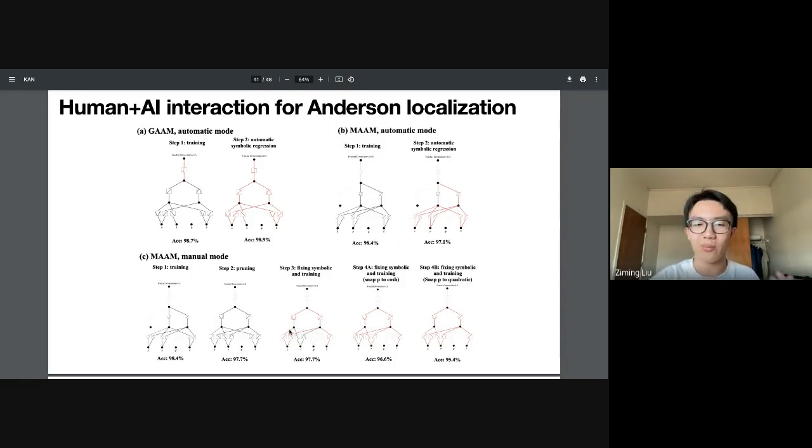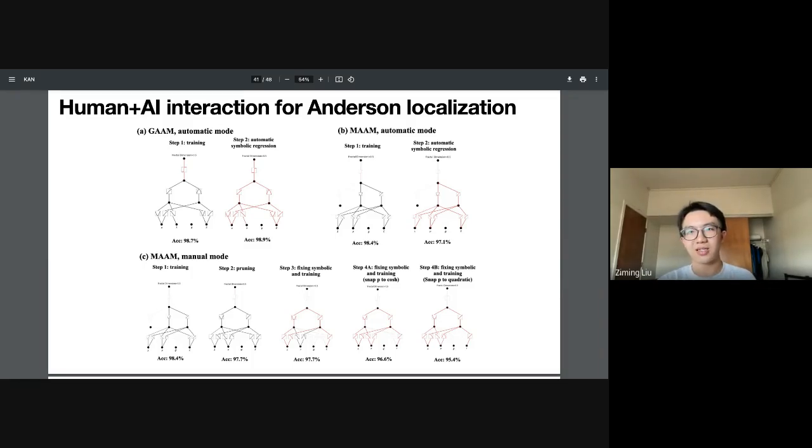According to your domain knowledge, according to your inductive biases, you can set some activation functions to be sine, to be symbolic, to be squared if you're fully sure that you are correct, and then you do the retraining, and then you again set some functions to be the things you like, and in the end you will reach something which is fully symbolic. But this manual mode may give you something different from the automatic mode.